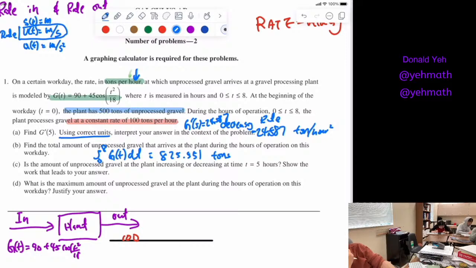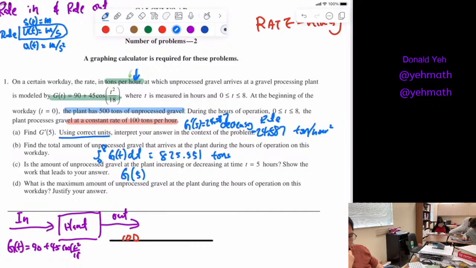G prime. No, G. Why G? Well, you think about it, the amount of process is the integration of G, right? But they say increasing, decreasing, that means the derivative. So go back to the G. Does that make sense? Wouldn't you also have to take into account the 100 tons per hour? No, they only talk about the amount of process.